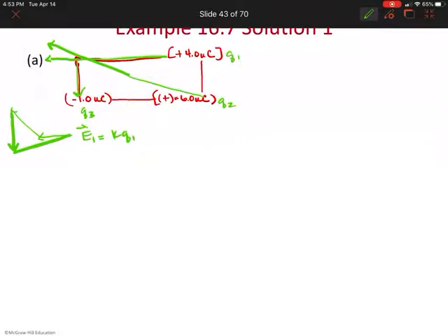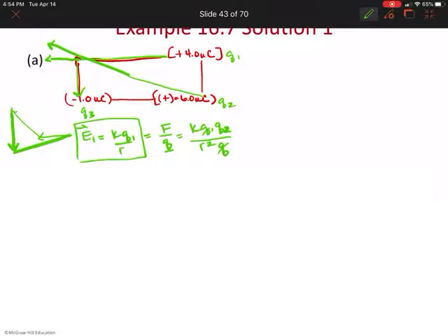If you remember, based on the last video or two, whenever you figure the electric field, it is the force over Q. Well, if you take Coulomb's law, which is K Q1 Q2 over R squared, divided by Q, that's going to cancel one of those charges out, and you're going to be left with this equation right here.